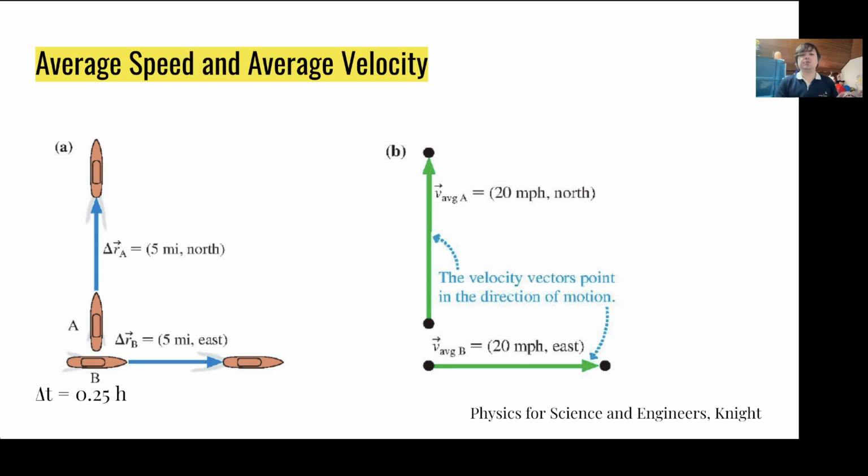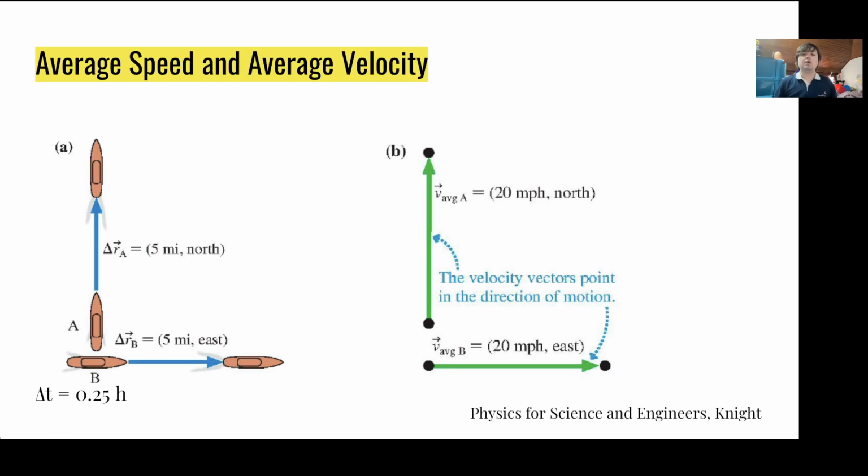So if we have two boats, one going north, this delta rA, and so you have 5 miles as the total distance, and the direction of that distance is north, which gives you both a distance and a direction, so that's a vector. And then you have another boat going 5 miles east, so 5 miles is the displacement, and east is the direction. And say your change in time is a quarter hour, 15 minutes.